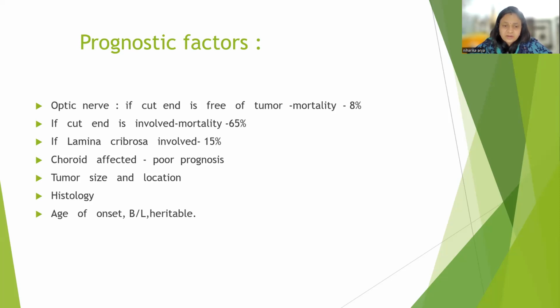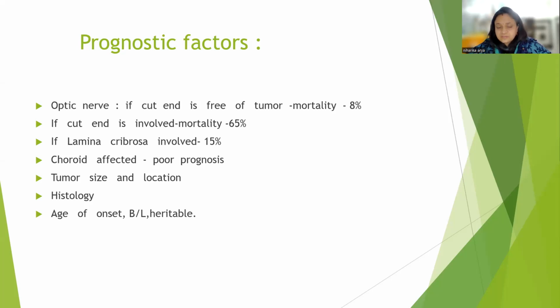If the choroid is affected, then there is a poor prognosis. Tumor size and location: if there is an increase in size, according to the classification, it is of a higher grade. If the tumor size is more than 10 disc diameters and it is located anterior to the retina, or it involves extraocular extension, then the prognosis is very bad.